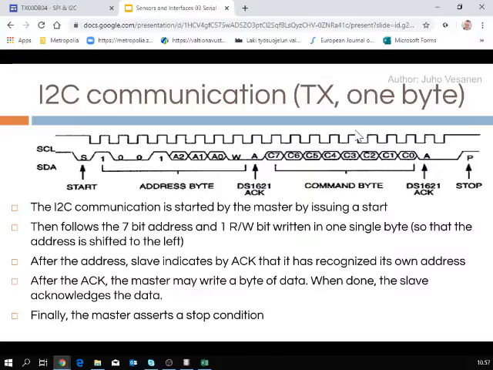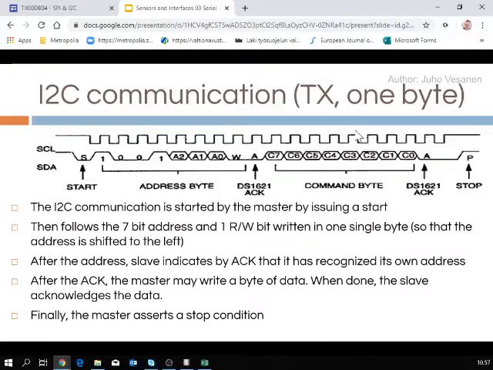All right. On this kind of bus, it's really important that there's a specific protocol for starting a transmission and ending a transmission that everybody knows.